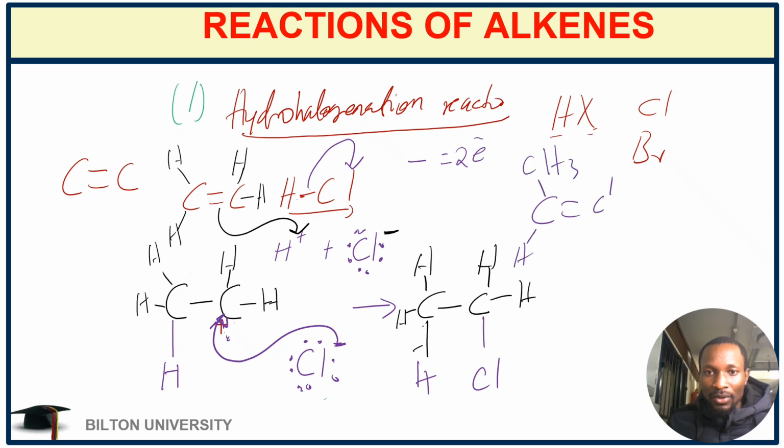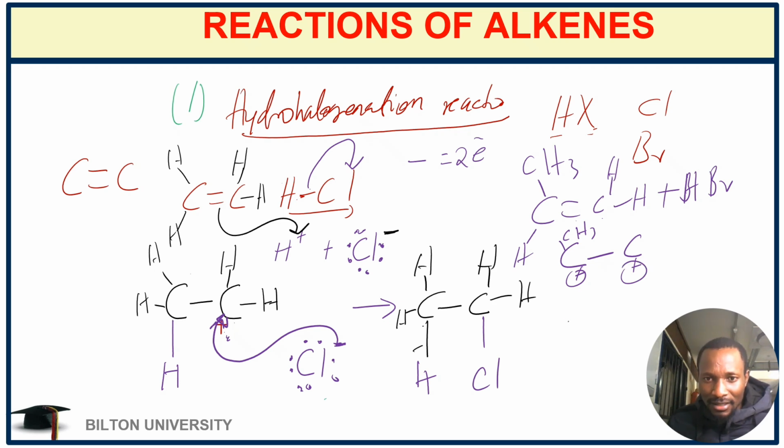So for example, if we have carbon, and let's say we have a methyl group, and we have H, and we have H, and we are reacting this with, let's say, HBr. So this bond will break, and in that case, we can form a carbocation. Here is CH3. We can form a carbocation on this carbon, and we can also form a carbocation on this carbon.